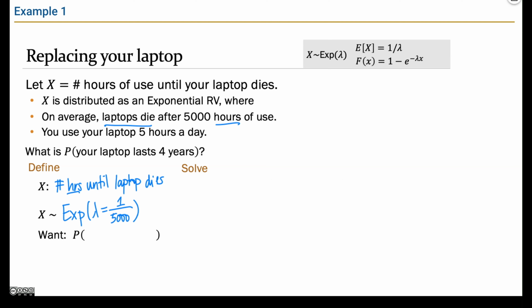Okay, now I want the probability that the number of hours, x, that my laptop lasts is at least 4 years. Now we need to translate 4 years into hours, assuming I'm using my laptop 5 hours a day. So let's take 1 day as 5 hours times 365 days in a year, and then times 4 years.